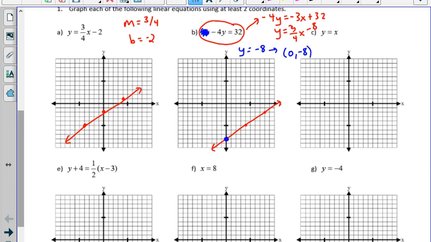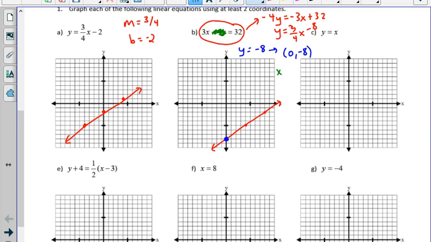Notice that that was the same thing that we found when we found the y-intercept. I can also find the x-intercept by covering up y or making y equal to 0. And then I solve by dividing by 3.